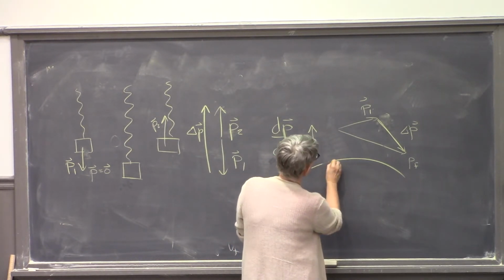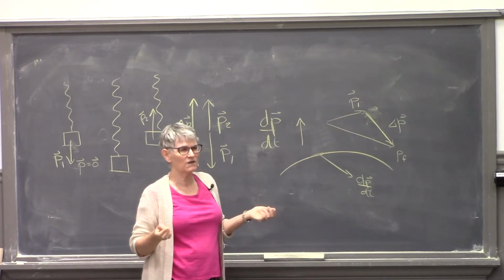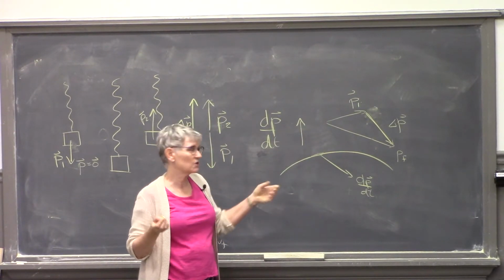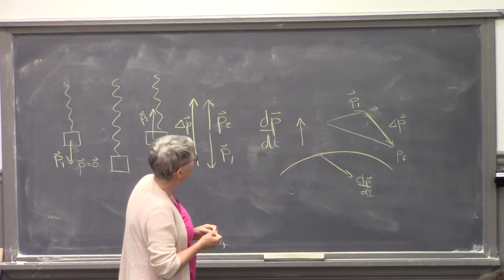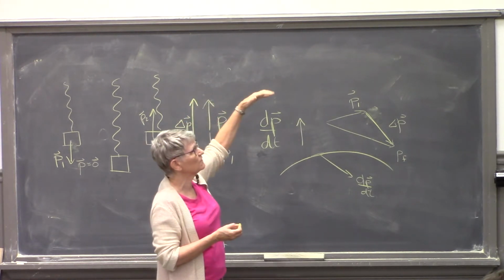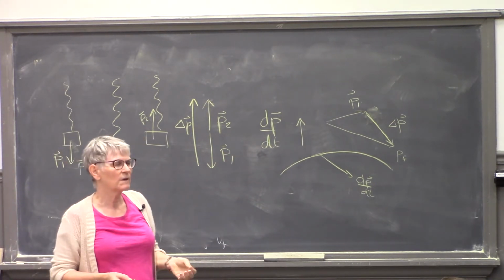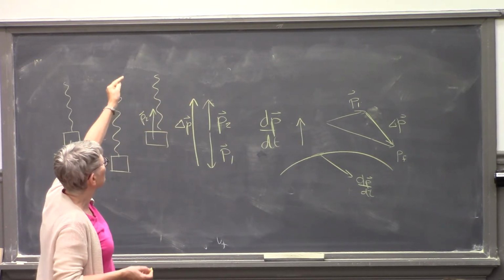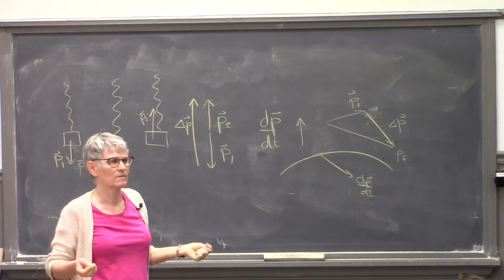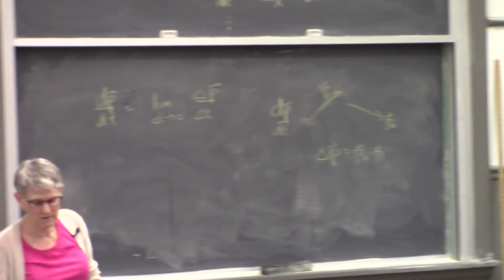I'm not drawing it very well. And that tells us that the net force also has to be in that direction. Now, does that make sense? There are two characteristics of this trajectory. One is that the momentum is increasing, and one is that it's curving. So that could, in fact, make sense.